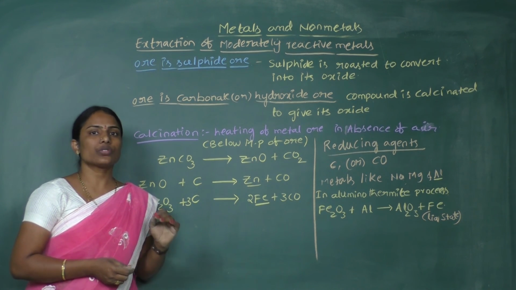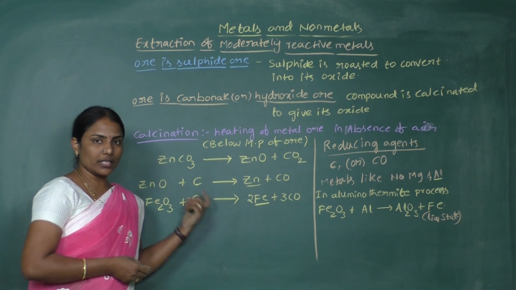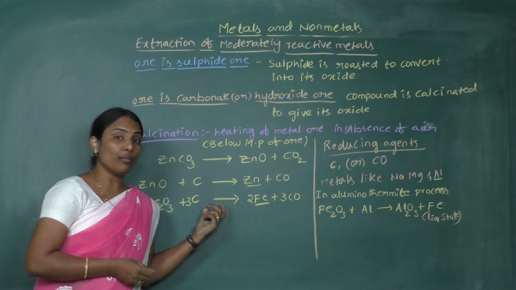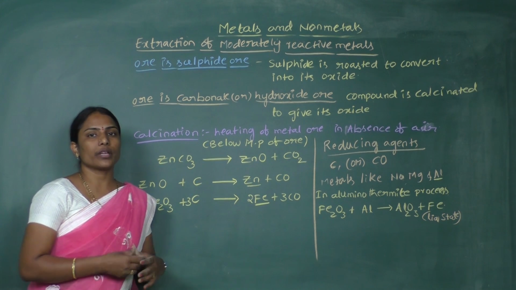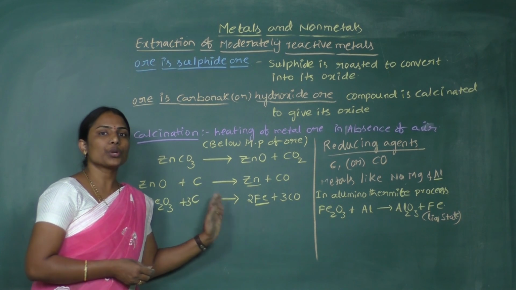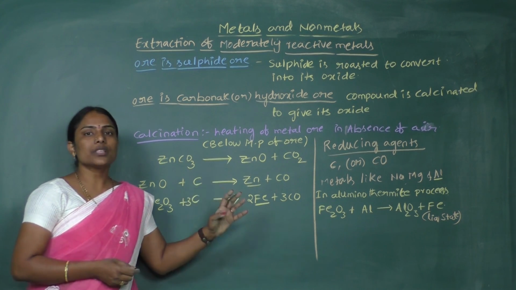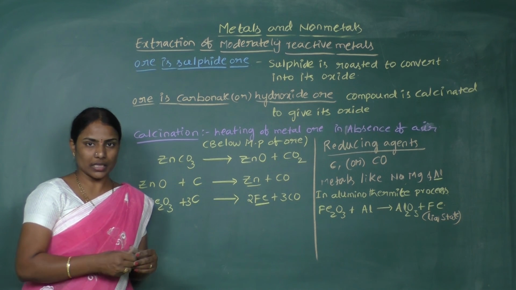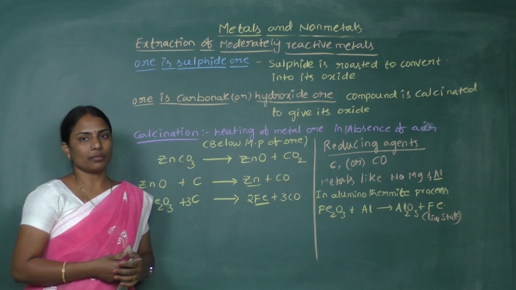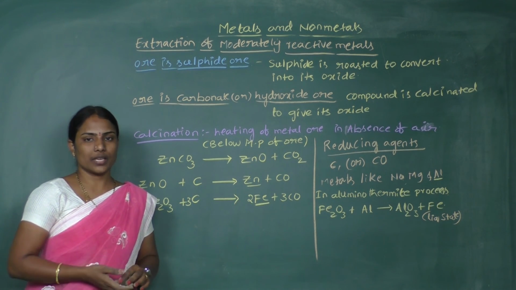It is very simple: whenever the reducing agent gives a reaction, the reaction should be more exothermic, so that it releases more heat and the reaction happens very fast. After that, the reducing agent we have selected must be economic, in the sense of cheaply available. Any such element we can select as a reducing agent.